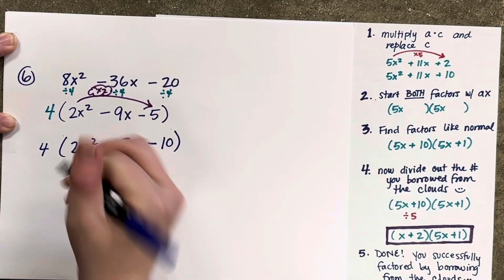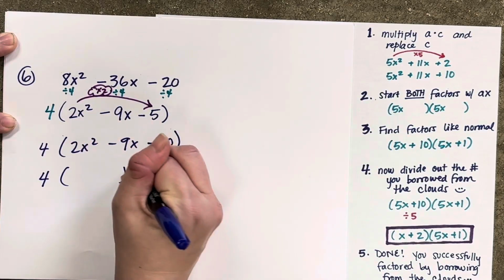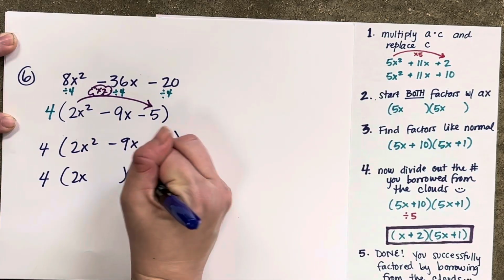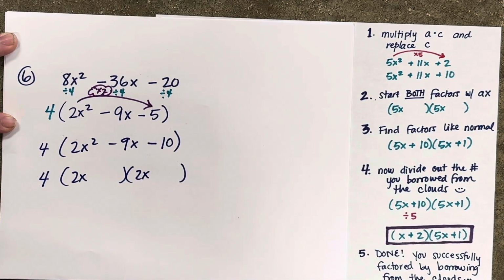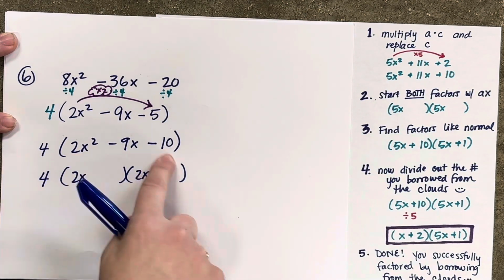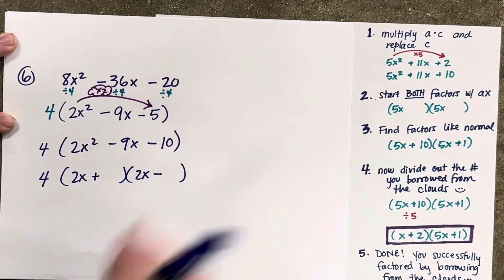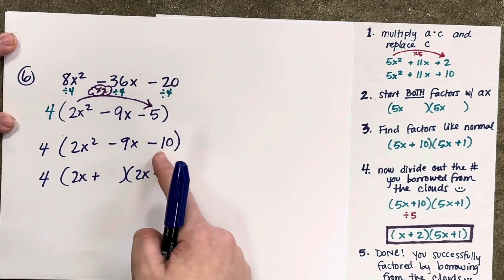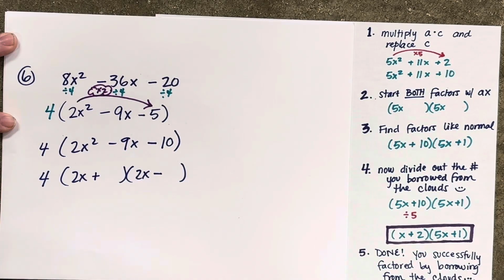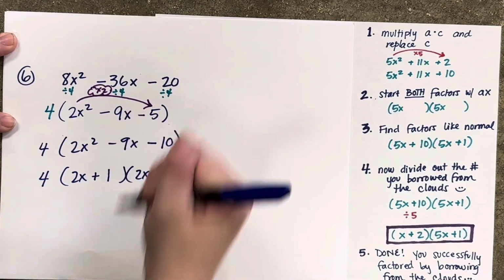You still have your 4. Set up your factors here. Okay, so this is negative, so I have a positive and a negative, and I need factors of 10 that will subtract to 9. So negative 10 and positive 1, minus 10 plus 1.